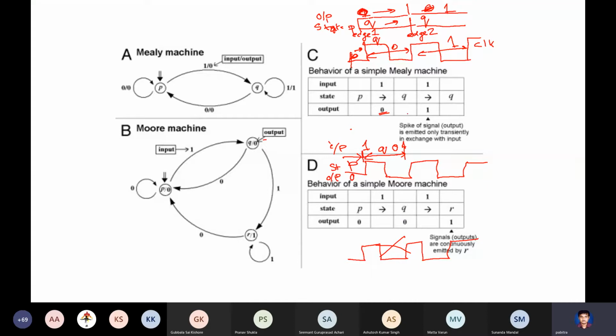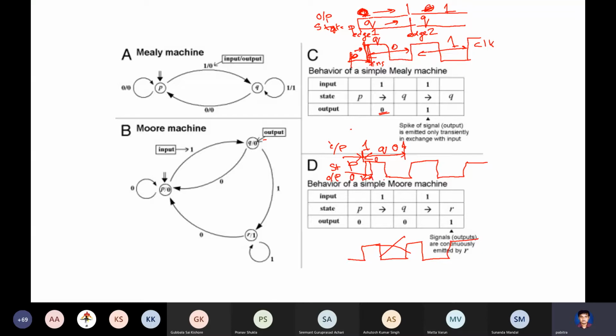It's not a full clock cycle delay, but if your edge is some delta or epsilon nanoseconds long, because edges are also not instantaneous in practice, there is a slight delay in the edges too. The edges also take some time. So the difference between the output being 0 here and the output being 0 here is a small delay.